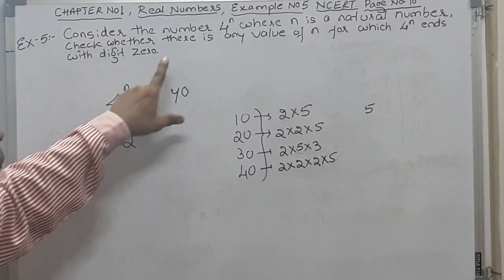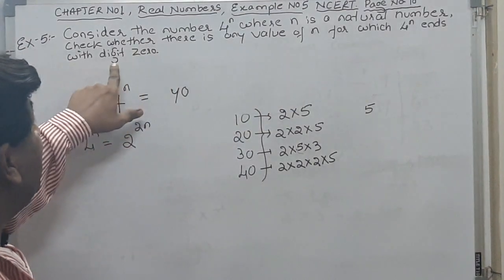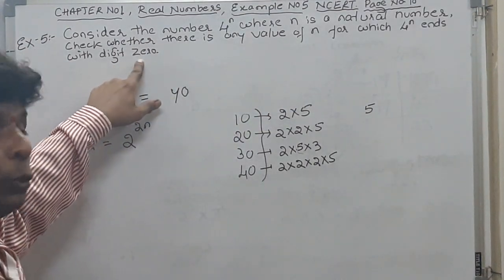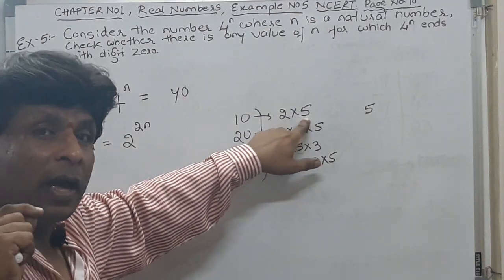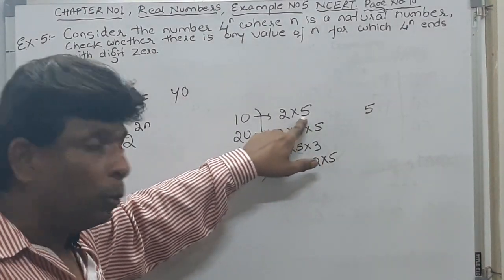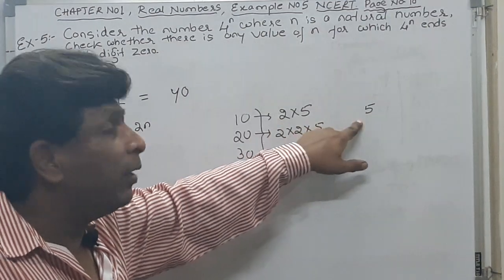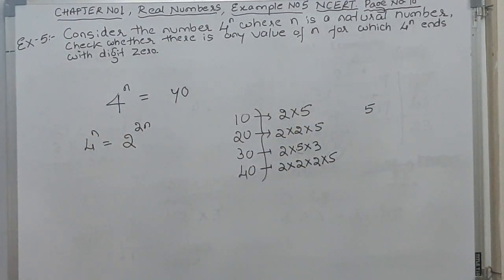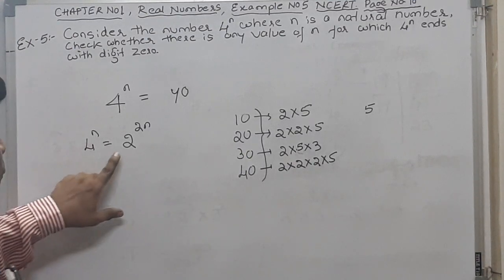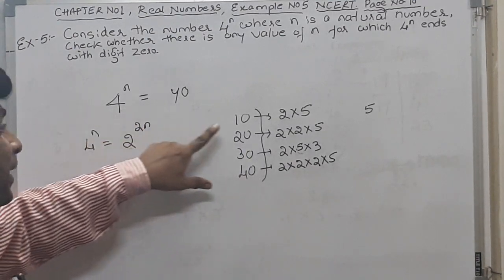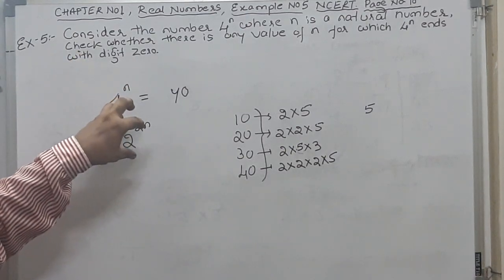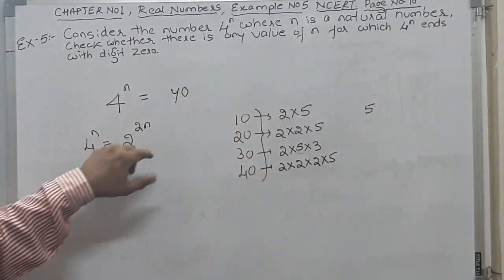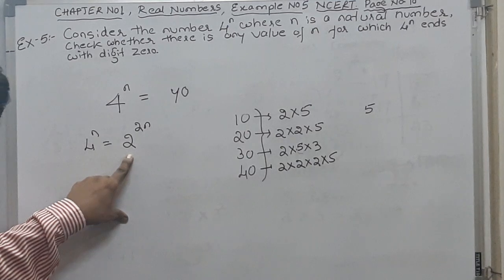But where he says the end digit should be 0, that number should have 5 as a prime factor. If this result ends with 0, then this number should have 5 as a prime factor.